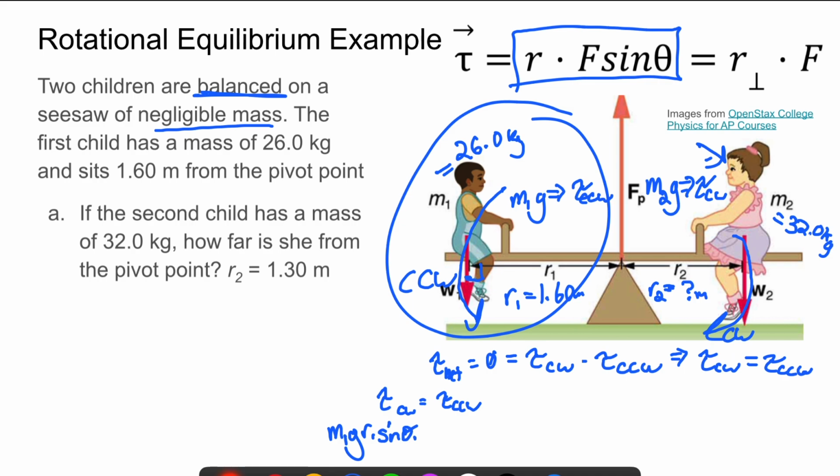However, that angle is 90 degrees, right? So he's at a 90-degree angle between the length of the bench and his force. There's a 90-degree angle there. So that's going to end up just being 1. And that will equal the force of child 2, since she's providing the clockwise torque.